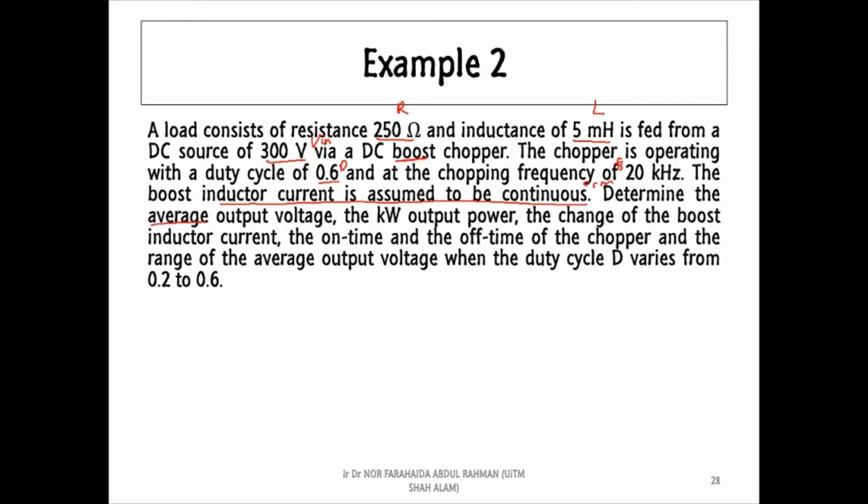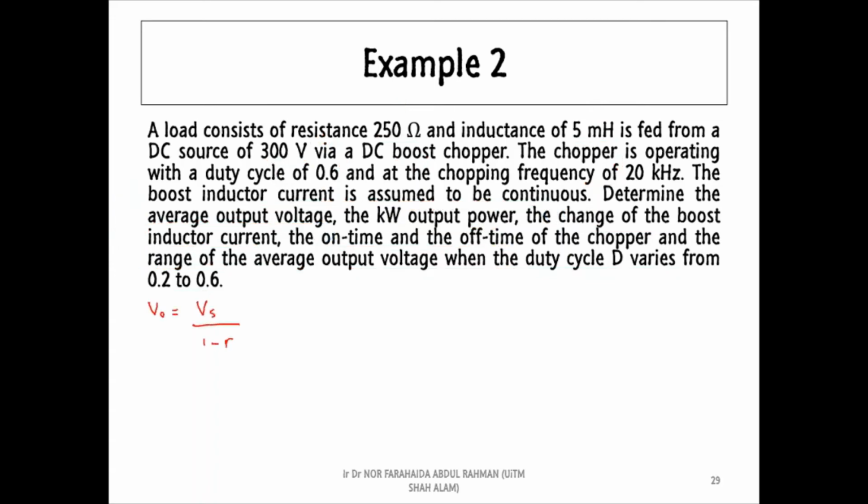And we need to determine the output voltage, output power in kilowatt, the change of the boost inductor current, delta ILT, on time and off time of the converter, and the range of the average output voltage when the duty cycle varies from 0.2 to 0.6. In total, we have 5 questions to be answered.